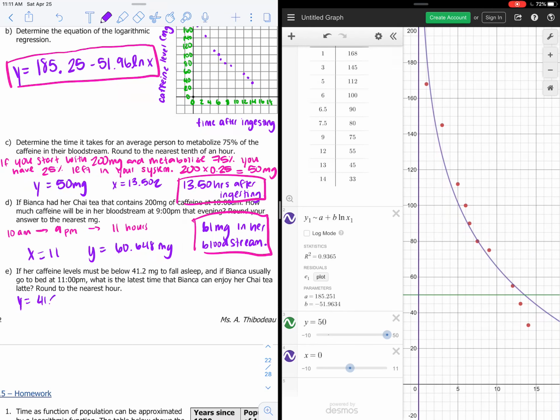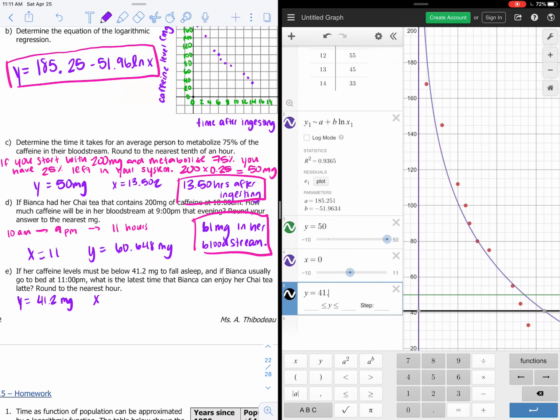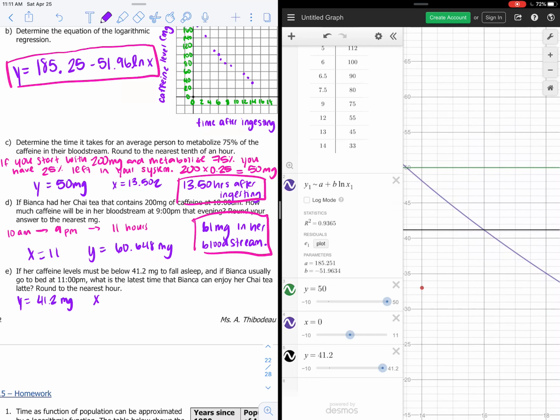So we want to know when Y is 41.2 milligrams. Okay. So Y is equal to 41.2. And we get that as 15.993 hours after ingesting. And since we're rounding to the nearest hour, that's 16 hours after ingesting.